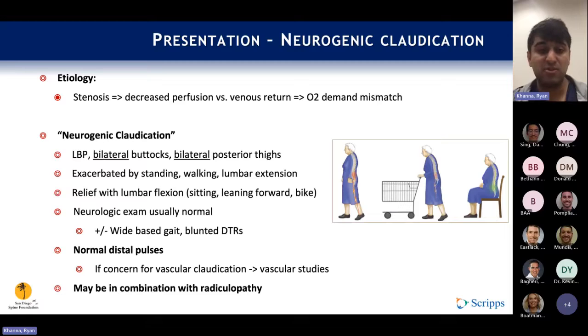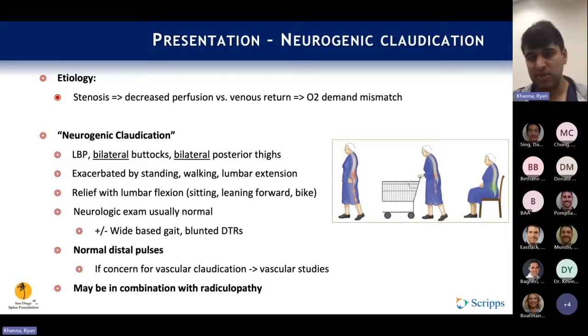The blood supply is no longer able to keep up because of the decreased perfusion that happens from the actual mechanical compression of the thecal sac and the nerve roots. This is why neurogenic claudicatory symptoms are exacerbated when the patient is standing, walking, and in lumbar extension, because when the patient extends their lumbar spine, the ligamentum flavum buckles and pushes more onto the thecal sac, which makes that O2 demand mismatch even worse.